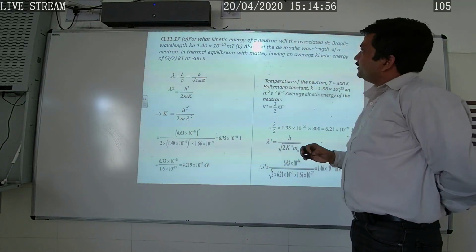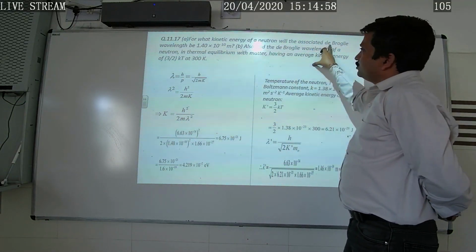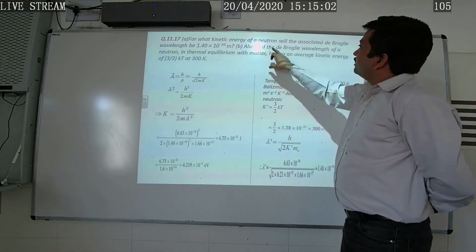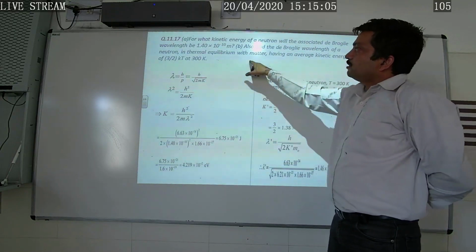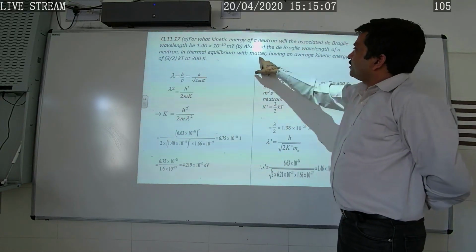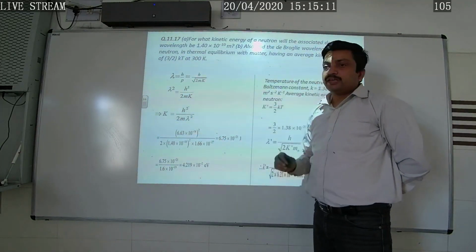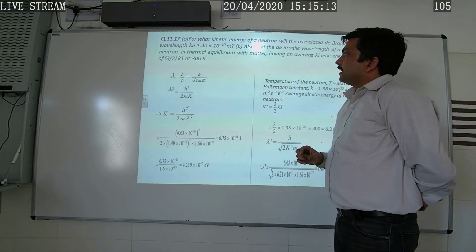Also find the de Broglie wavelength of a neutron in thermal equilibrium with matter, having an average kinetic energy of 3/2 kBT at 300 Kelvin.